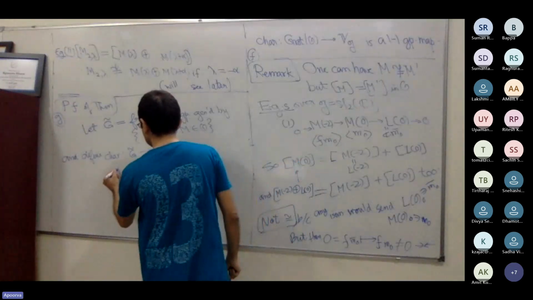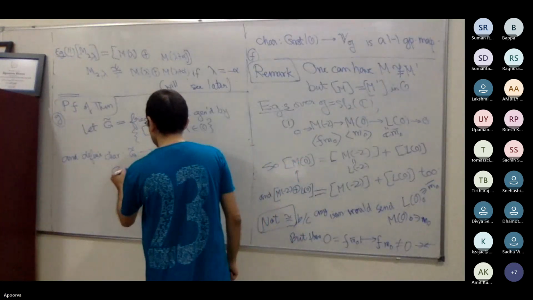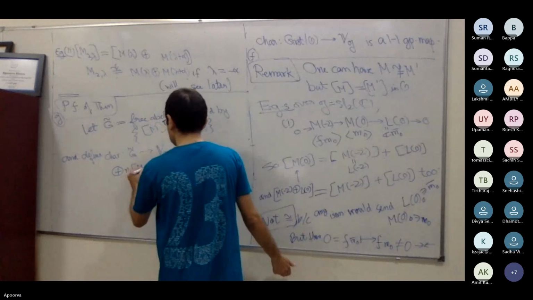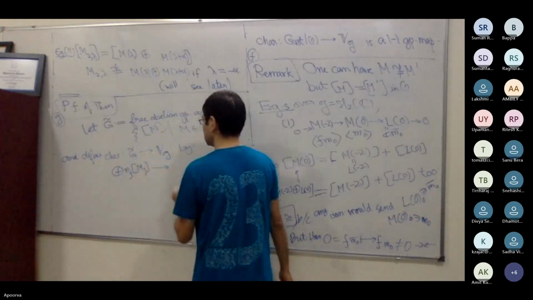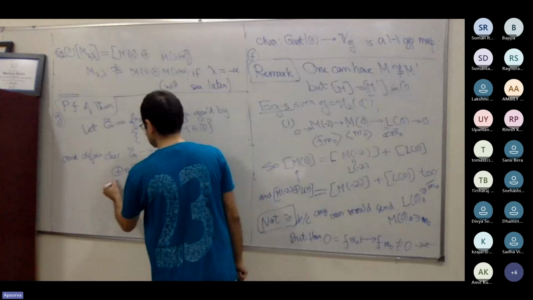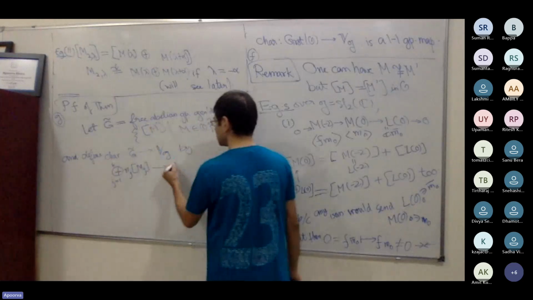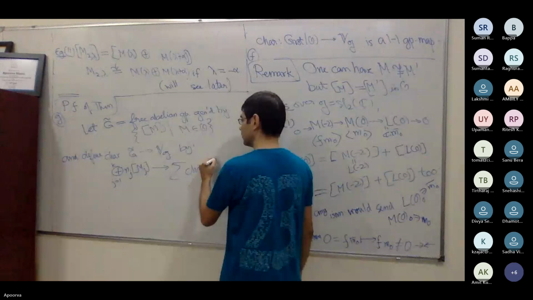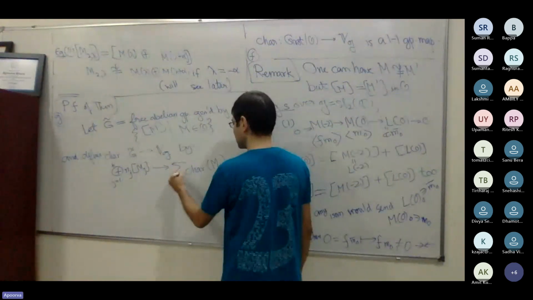So direct sum n_j M_j, where j goes from 1 to k, goes to the summation of n_j times the character of M_j.